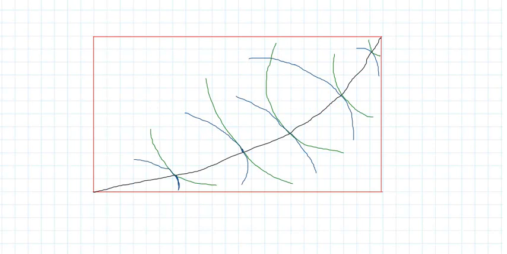First step is to draw this rectangle. After drawing the rectangle, you may draw even this black curve, and if you want you can directly start drawing the isoquants.